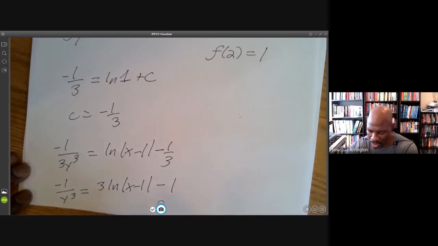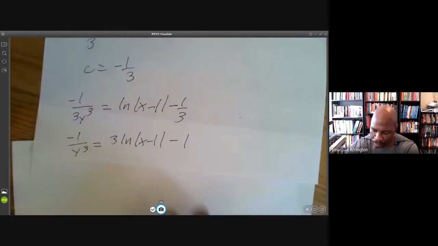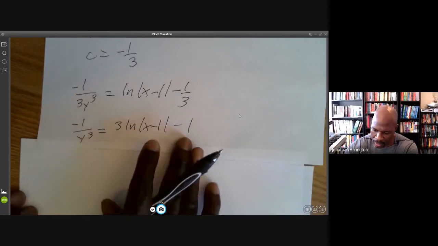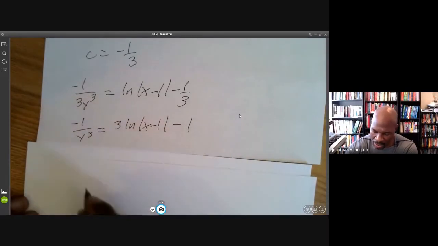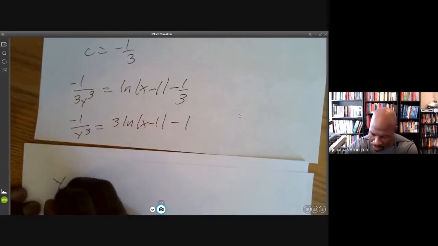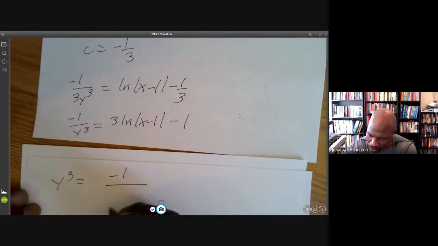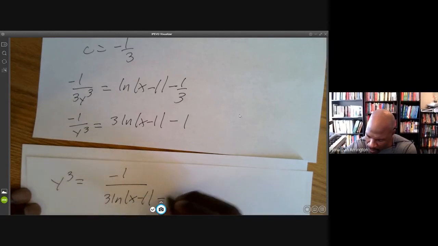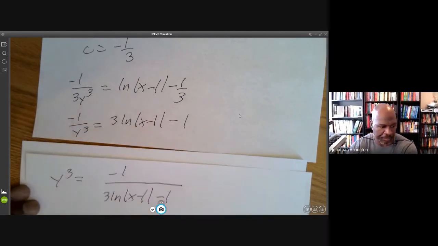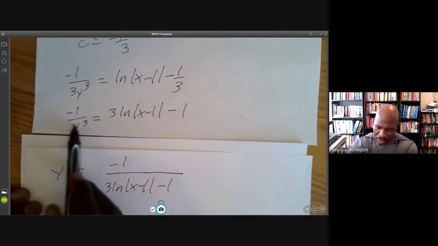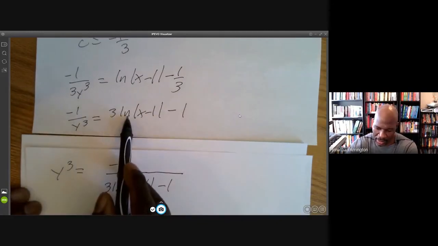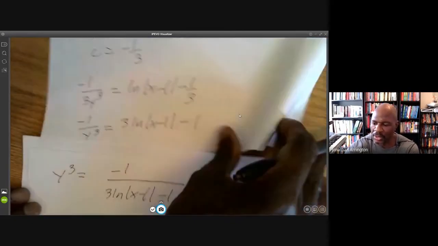So what happens is they just switch places. So I'm going to put the y cubed first, and I'll get y cubed is -1 over 3 ln x minus 1 minus 1. So again, I just switched the y cubed with this guy.